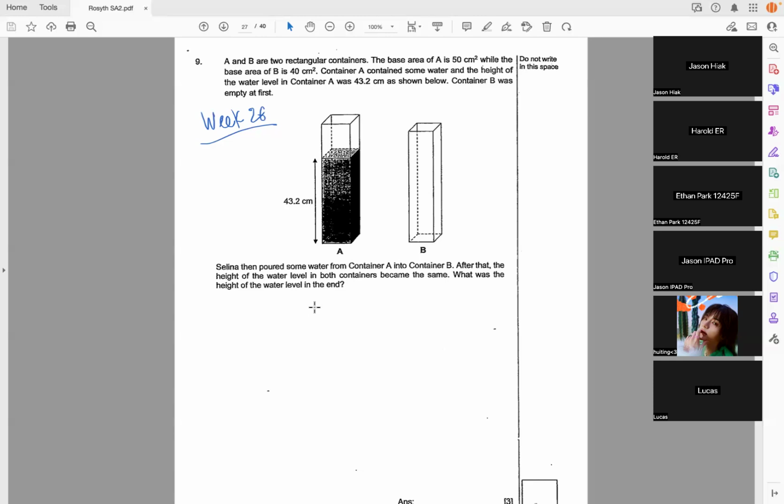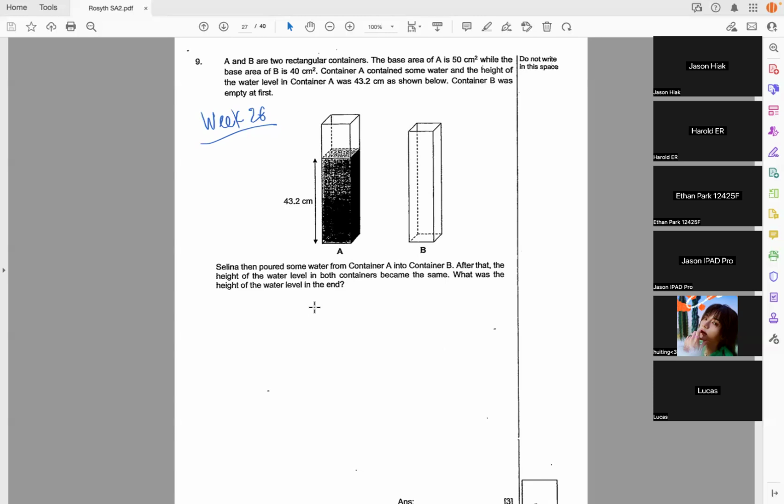Remember, the first thing you must calculate is the total volume of water in the whole question. The water can be in A, can be in B, can be A plus B, can be outside. You just have to calculate how much water in total you're dealing with. So that is the first step.